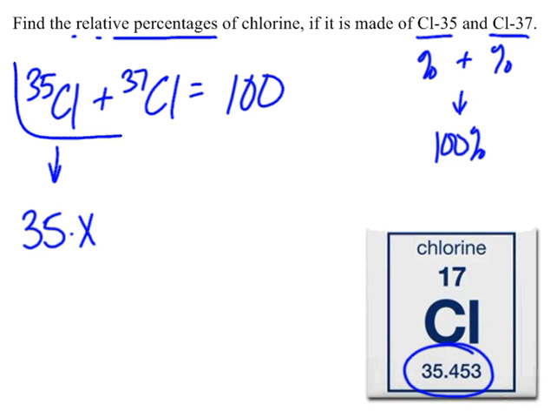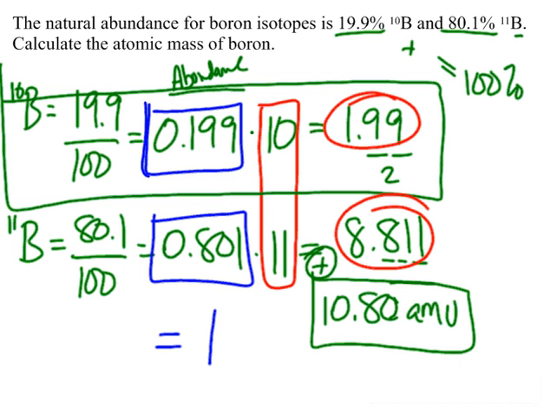Now, if we follow along with this, remember that the percentages must be removed and they should be decimals, just like here where 0.199 and 0.801 must add up to 1.